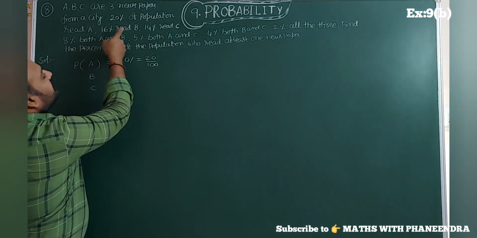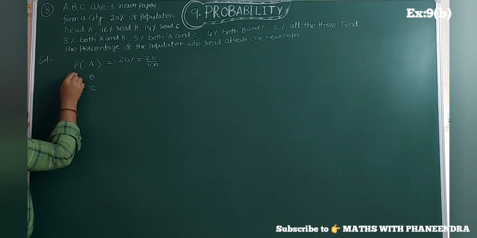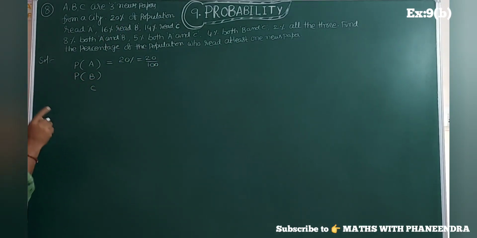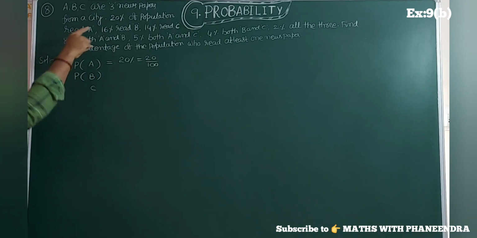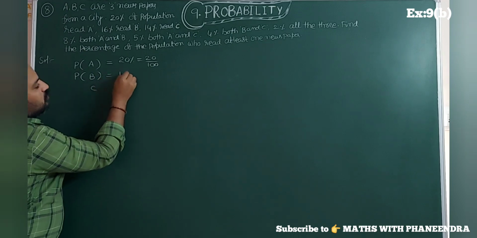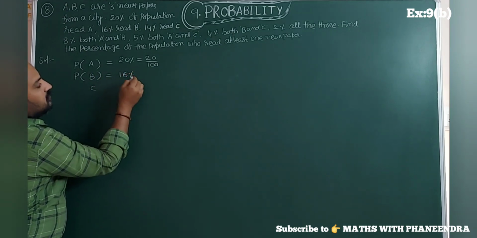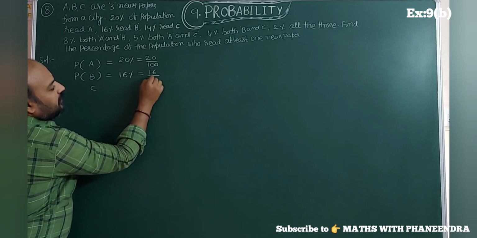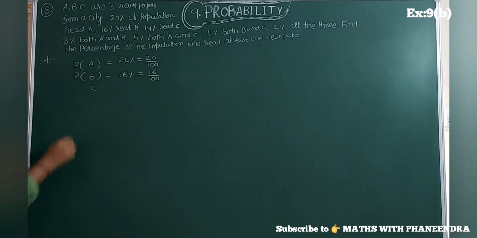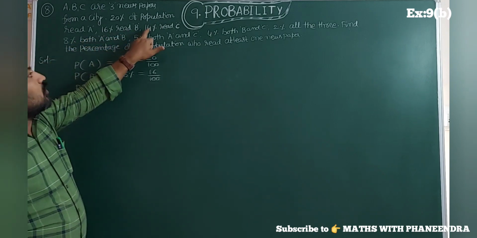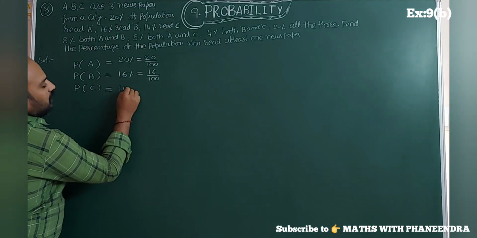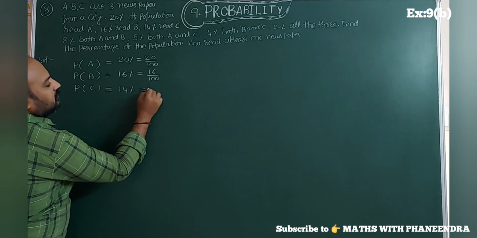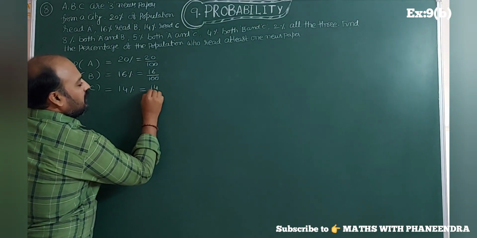Next, 16% read B. So the probability of B is 16 by 100. 14% read the paper C, so P of C equals 14 by 100.